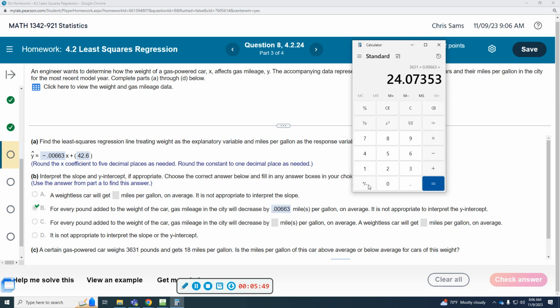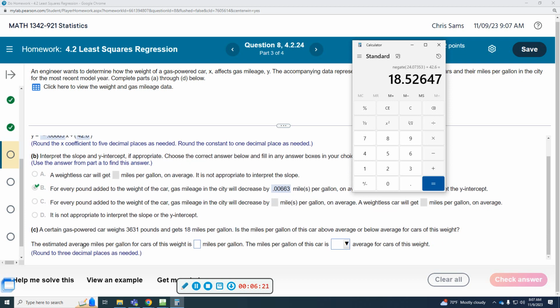We're going to make that negative, okay, and then we're going to add our intercept, so plus 42.6. Okay, so this is giving us 18.5, and this car is 18. So 18 is below the 18.5.